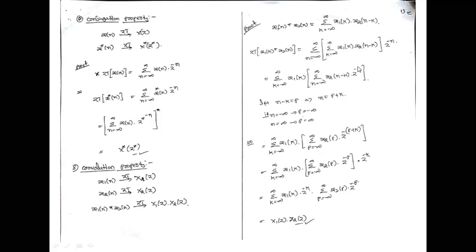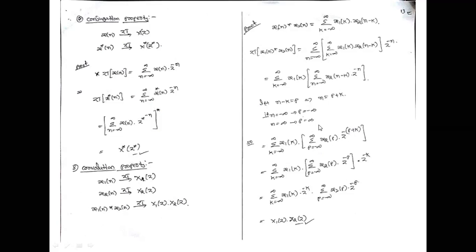Otherwise, without directly using the property, you can take n minus k equal to p, so n is equal to p plus k, and as n goes from minus infinity to infinity, p goes from minus infinity to infinity. Substitute here: the sum over p of x2 of p, z power minus p plus k.